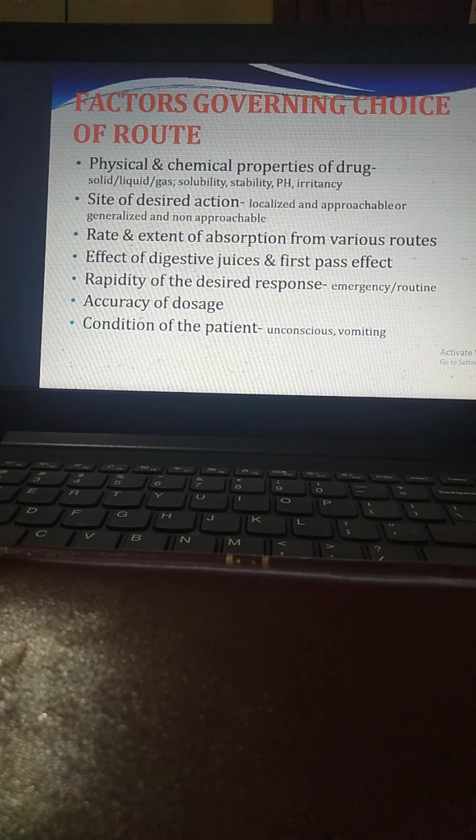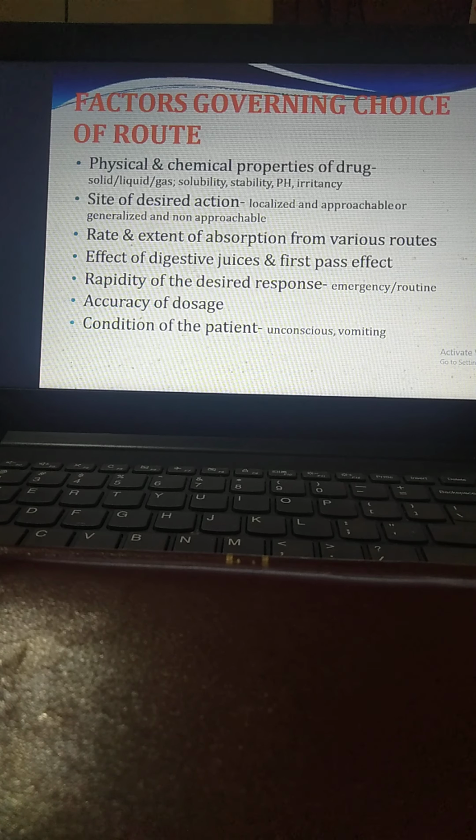So these are the factors governing the choice of route. Physical and chemical properties of the drug, I told you, are very important: the pKa, pH, and whether it is solid, liquid, or gas, solubility. Solubility is very important, pH is very important, irritancy. Suppose I told you the example last time of phenytoin.